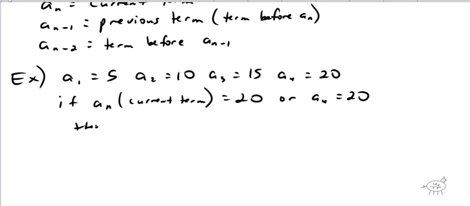Then a sub n minus 1 is just the term before, right? So it's real easy. If I'm on a sub 4 and it's 20, what's the term before it? A sub n minus 1 is 15. And a sub n minus 2 is the one before that, which is 10. Okay? Pretty straightforward.